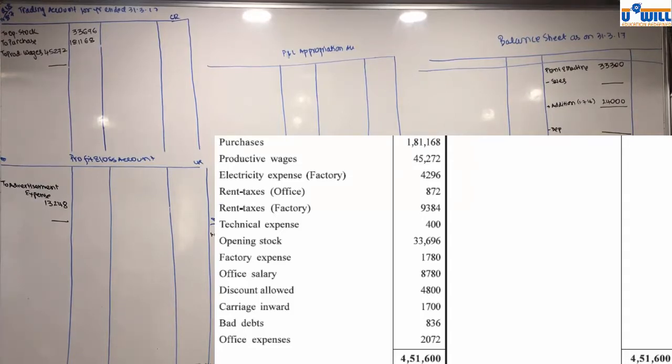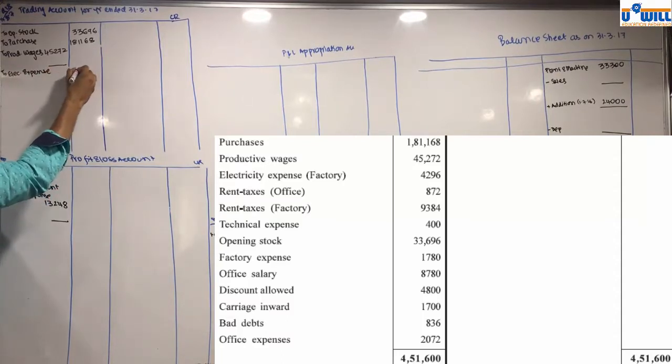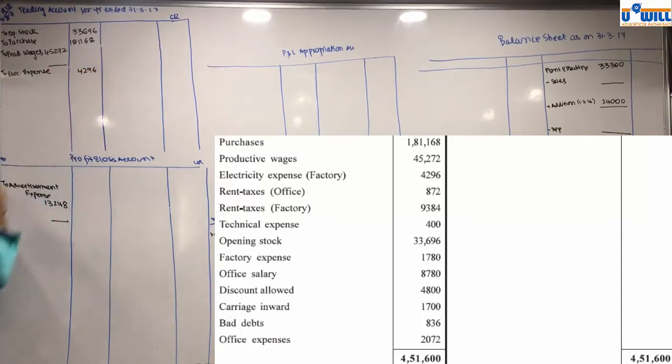Electricity expense, factory, to electricity expense 4296. Rent, taxes, office 872. To rent, taxes 872.